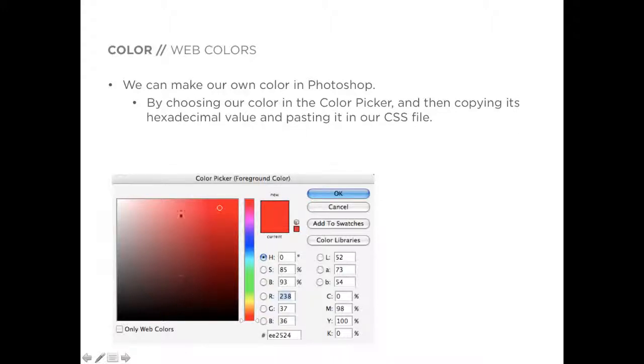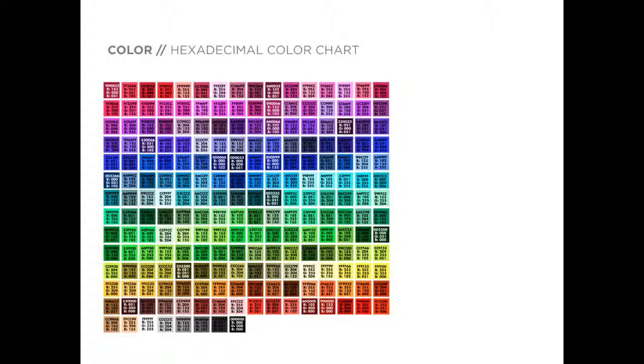Let's say we move the color picker around and we choose a blue or a red, and then we just copy the value, this hexadecimal value, and place it in our CSS file. And the hexadecimal color chart, you can find plenty of those online. You find the color that you like, and then you copy or memorize its hexadecimal value, and you paste it in your CSS, and you'll get that color.